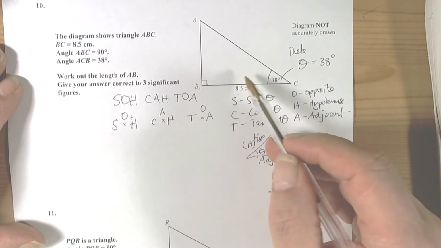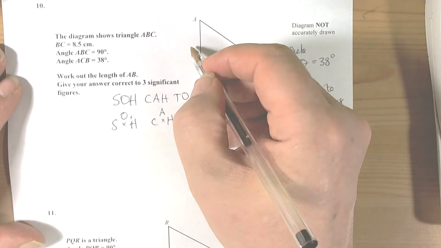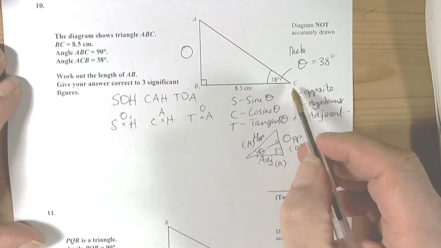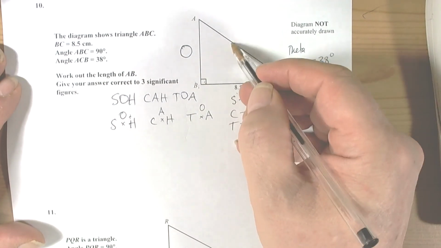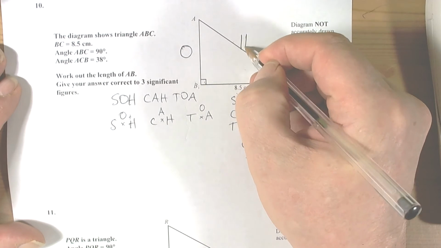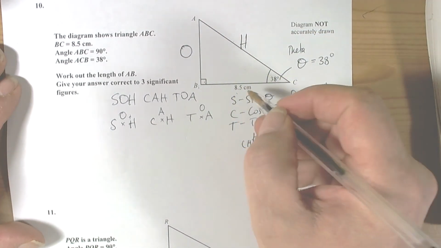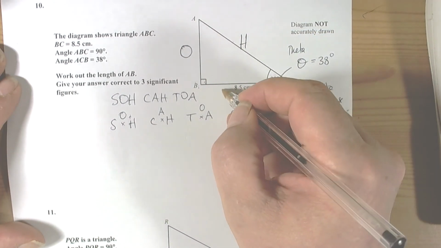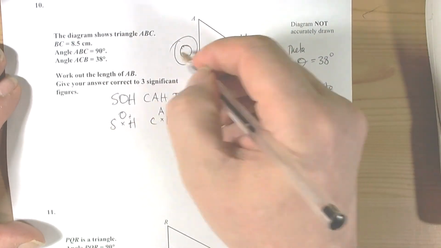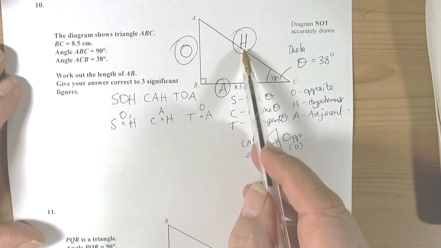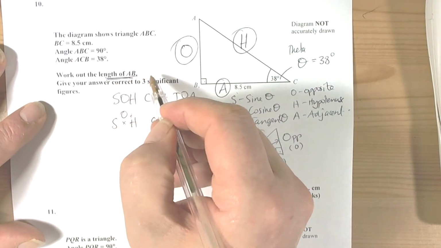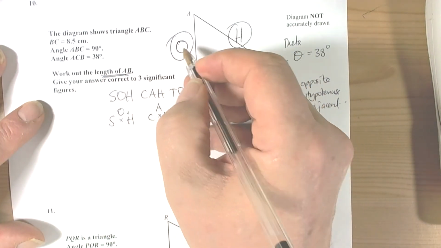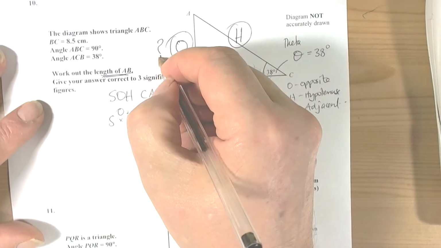So if we go back to the question, we can see our theta's here, so this must be the opposite length because it's opposite the angle we're working with. Our right angle's here, so the side opposite to there is the hypotenuse, the longest side, and this side is next to the angle, so this is going to be the adjacent length. So we've now decided what the labels are. The question wanted the length of AB, so AB is here, so this is our question mark.